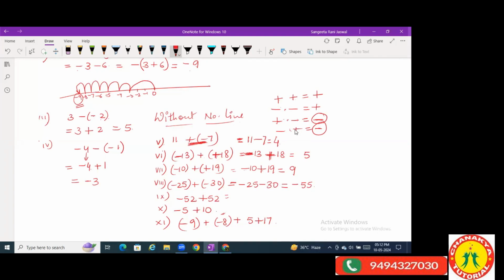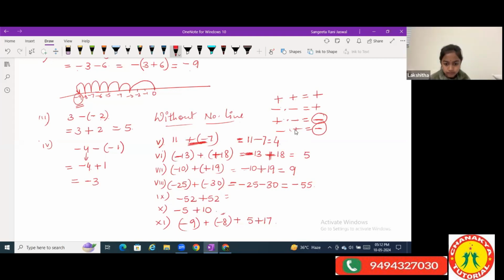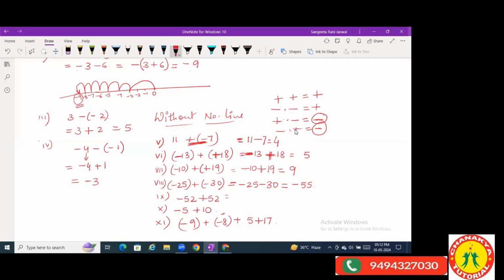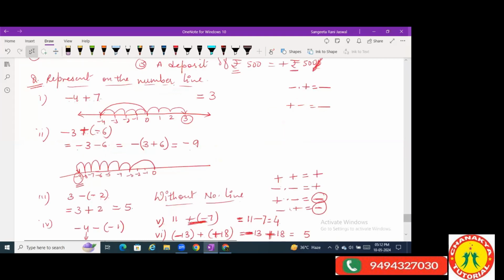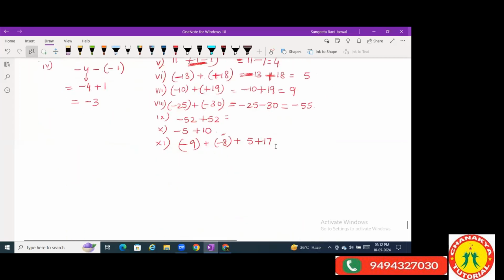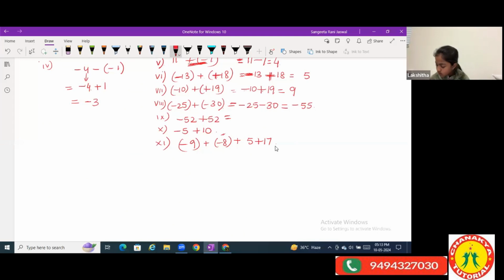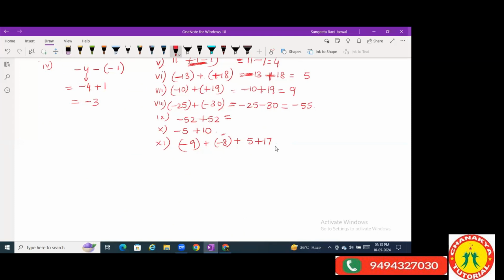Like the example we took above, where we have two signs together, we take the sign common outside and we add the two numbers. Okay, very nice. Now again tell me this, Lakshita. What is this? Minus 52 plus 52. 0, ma'am. Okay.